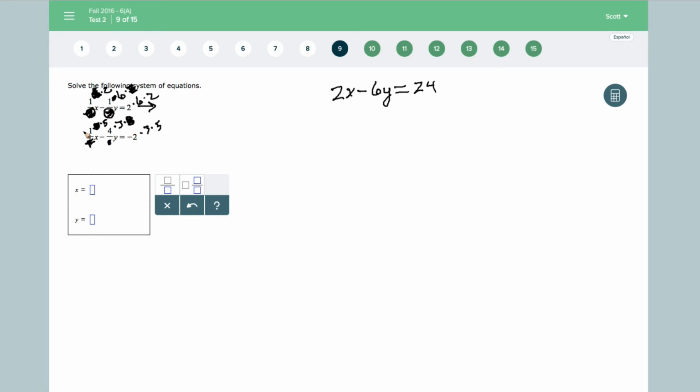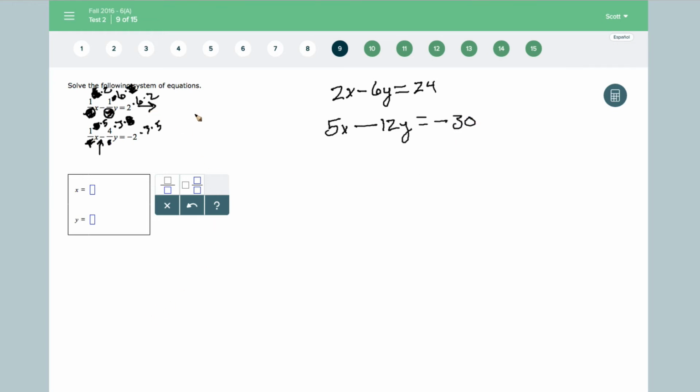So I rewrite that one as 1 times 5 is 5x minus, now I get that from right there. I don't change it, I just use what's in the problem. Minus 4 times 3 is 12y equals negative 2 times 5 is negative 10. Negative 10 times 3 is negative 30.